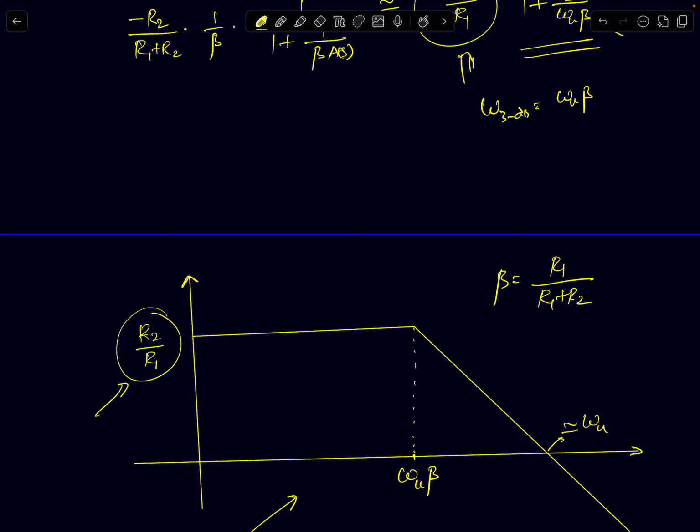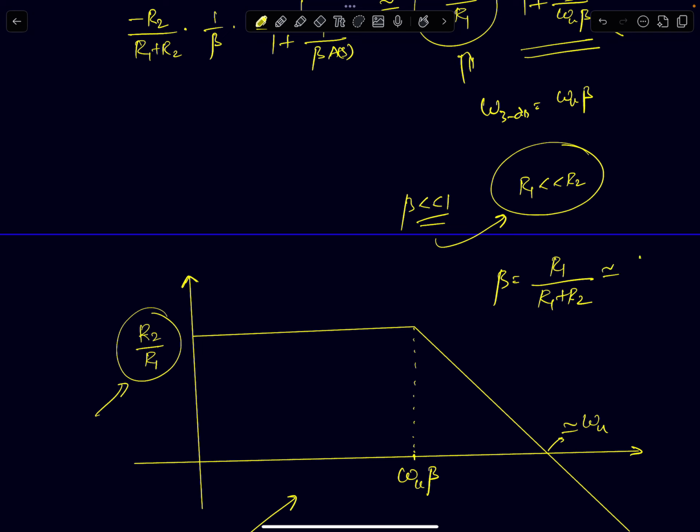If beta is very small, much smaller than 1, which usually means R1 is much smaller than R2, then I can approximate this to R1 by R2, and 1 by beta will simply be equal to R2 by R1. This is true only if your beta is really small, much smaller than 1. Then I can say that even an inverting amplifier's gain is close to 1 by beta.